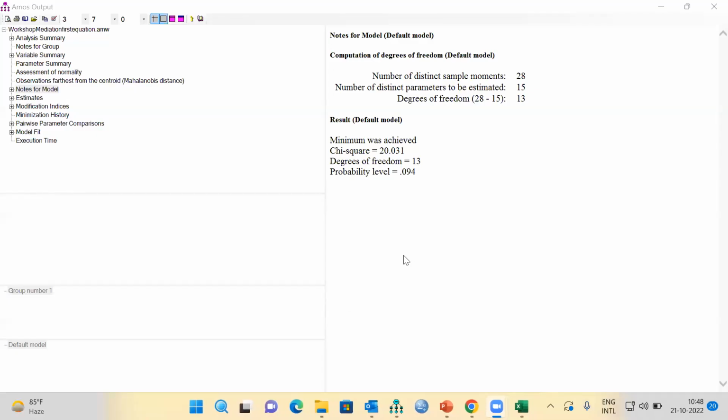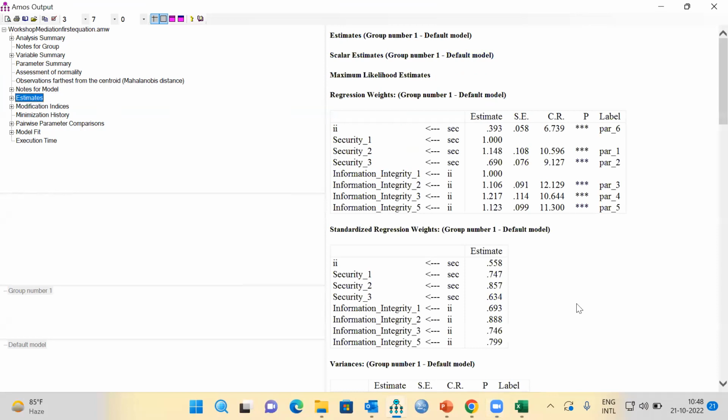Can you see the text output? Yes, Professor. Once you look at the text output, you need to look at the estimates. The path between security and information integrity: is it significant?